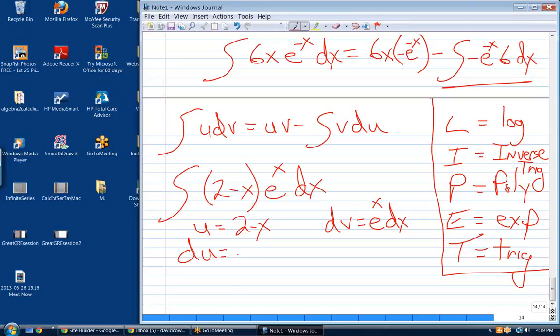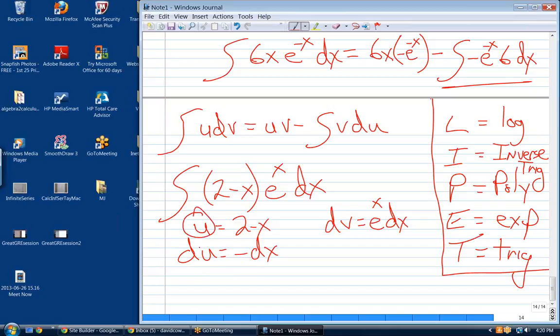The derivative of 2 minus x, du dx, is negative 1, which makes du equal to minus dx. In other words, you can treat them like fractions, even though they're not really. They're differentials, but you can do what we just did. If du over dx is equal to minus 1, then du is equal to minus dx.